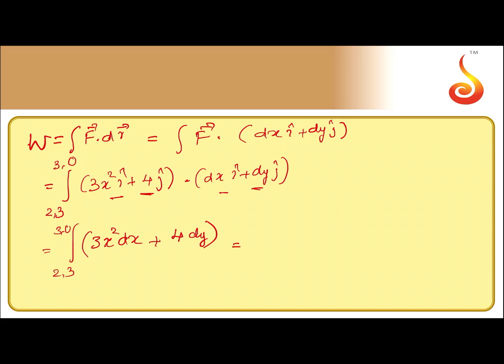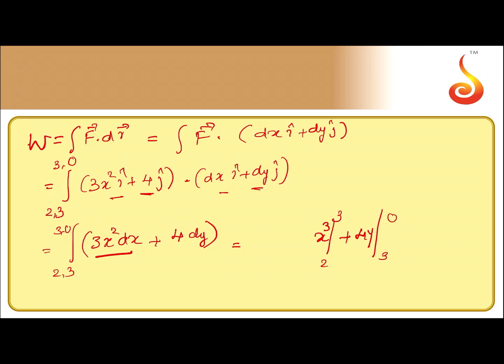So if we simplify it, integral 3x square dx is 3 into x cube by 3. So this is x cube plus 4 dy. So 4y, right? And these are from 2 to 3, 3 to 0.